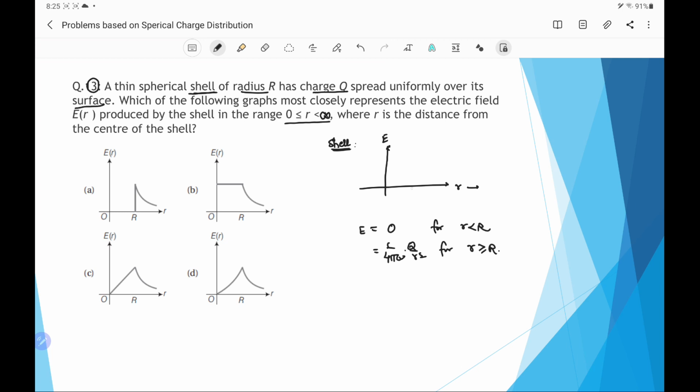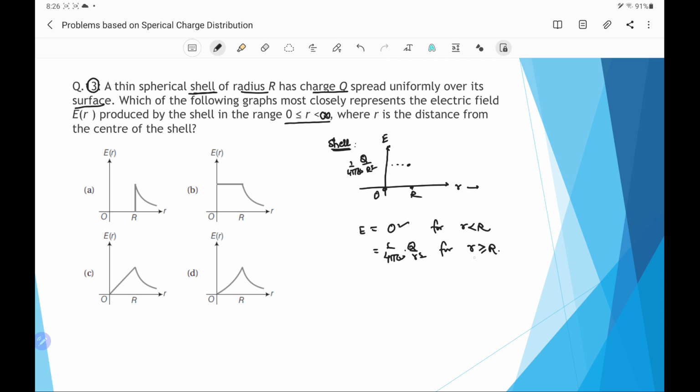Here we see that this is the center of the circle, say O, and at the surface, which is at a distance R, if we draw the graph, at R we have the maximum value, that is 1 by 4 pi epsilon naught q by R square, and from 0 to R the field is 0.